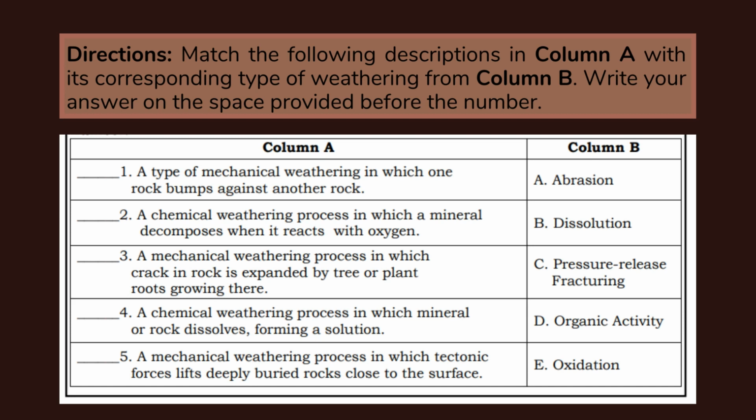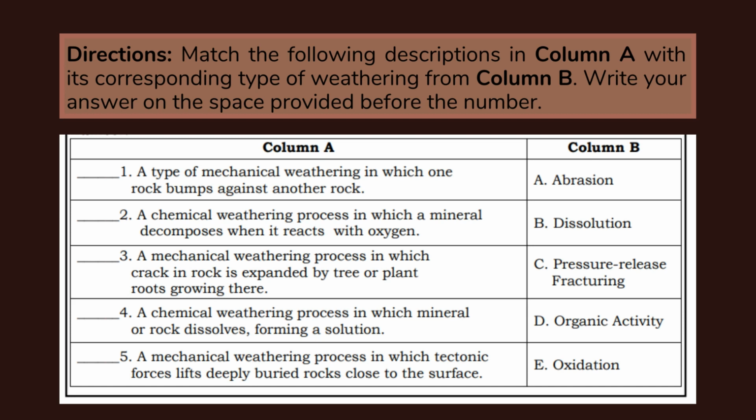Number 1, a type of mechanical weathering in which one rock bumps against another rock. Number 2, a chemical weathering process in which the mineral decomposes when it reacts with oxygen. Number 3, a mechanical weathering process in which a crack in rock is expanded by tree or plant roots growing there.